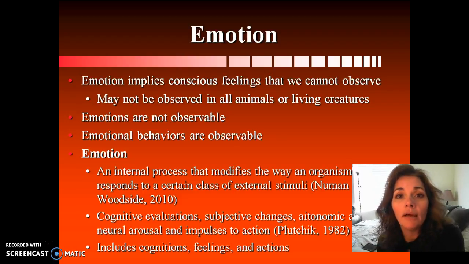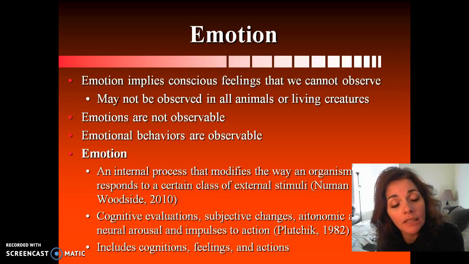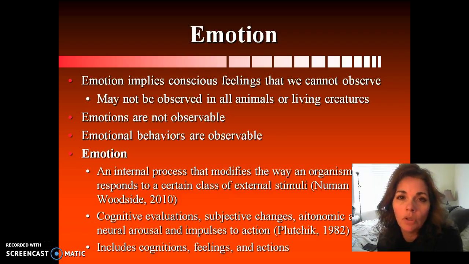It certainly affects how we're going to respond to our environment, and it includes both our cognitive thoughts and perceptions, our own personal views, and how we respond or change to those perceptions. And then there's an autonomic and neural arousal that's involved in some emotional responses, which we'll look at in further detail later on in the semester.